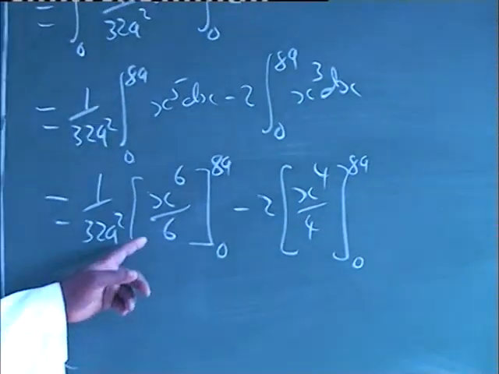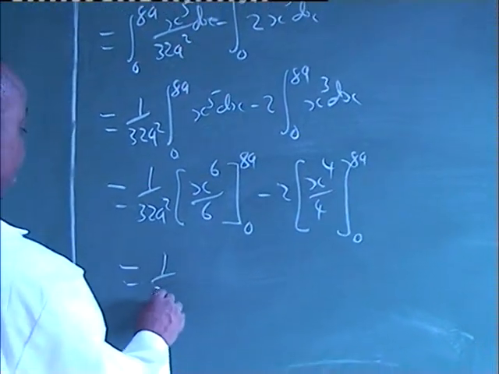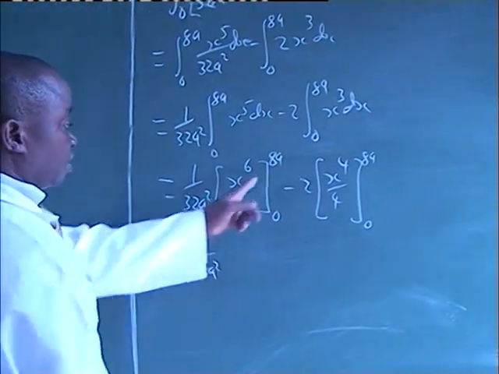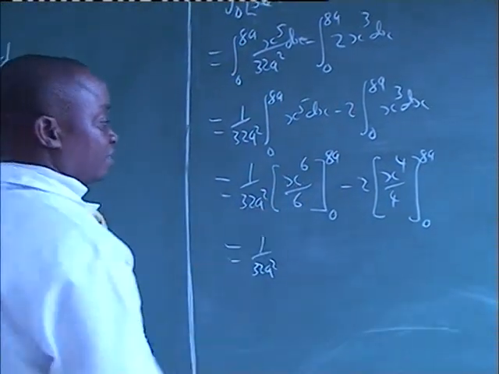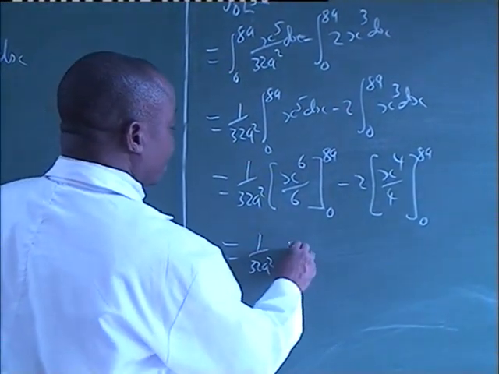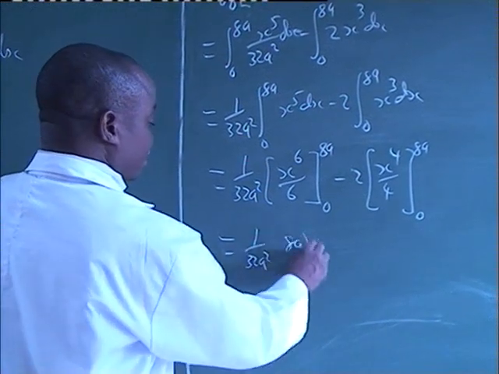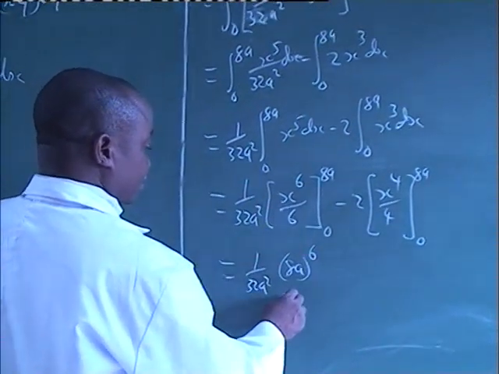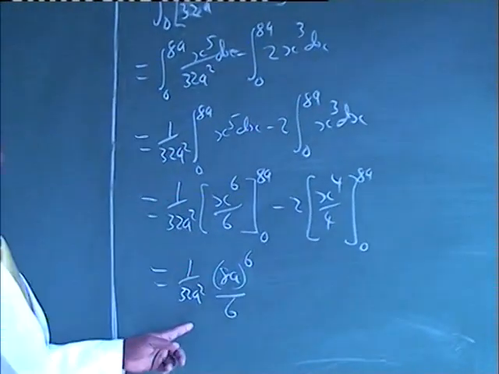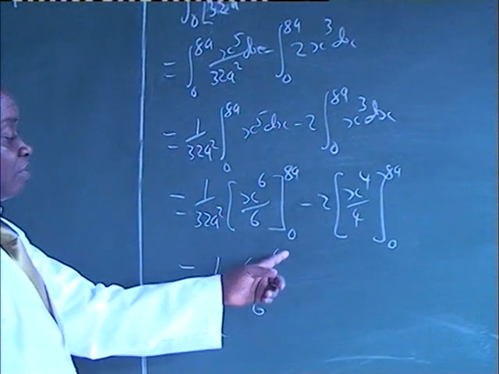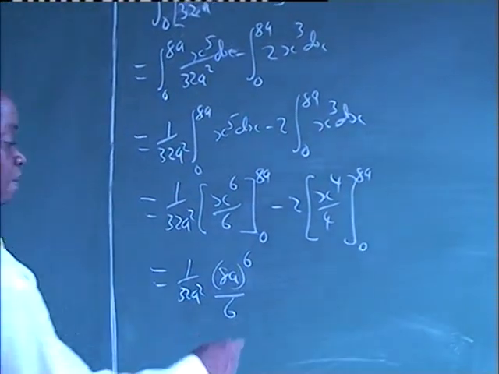So this place now becomes 1 over 32a squared. Then if you put 8a here, we have 8a raised to the power 6 over 6. Of course, we take the limit of the lower one, it will be 0.